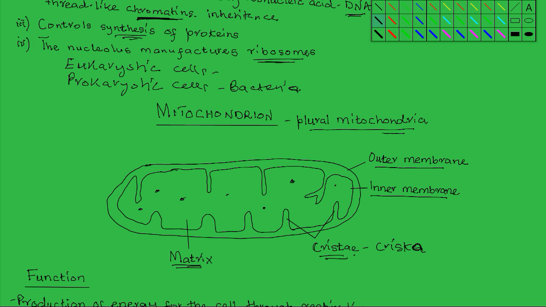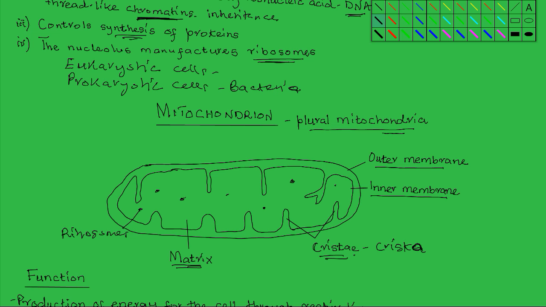And also, within the matrix, there are ribosomes. These ribosomes control the formation of respiratory enzymes, because the mitochondrion synthesizes its own respiratory enzymes that control the respiratory reactions.